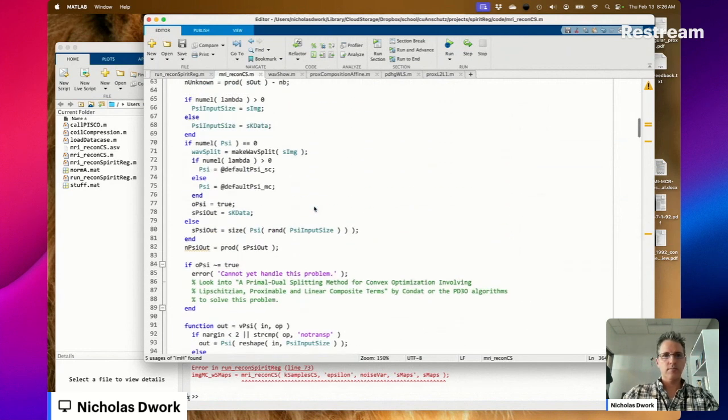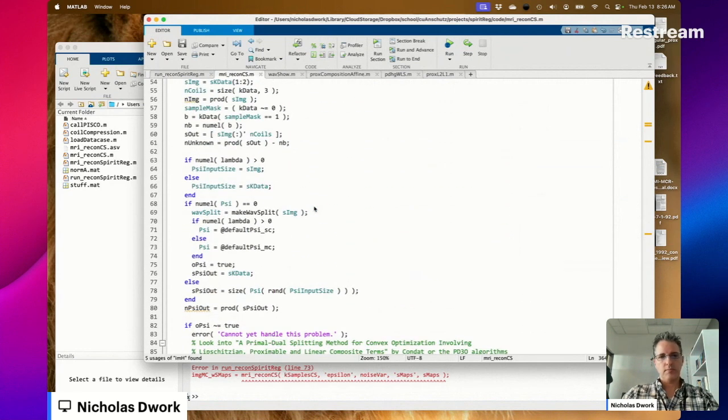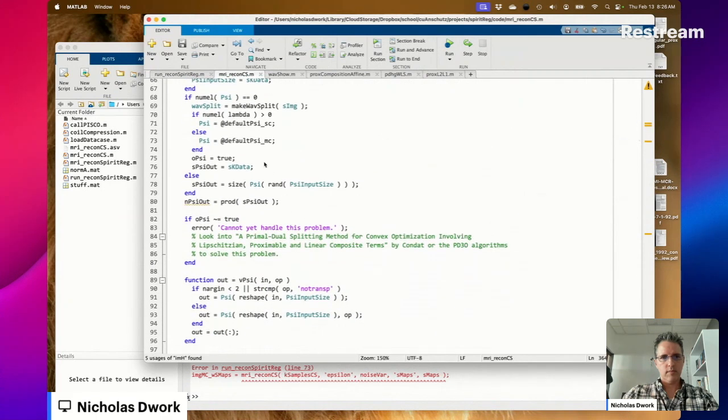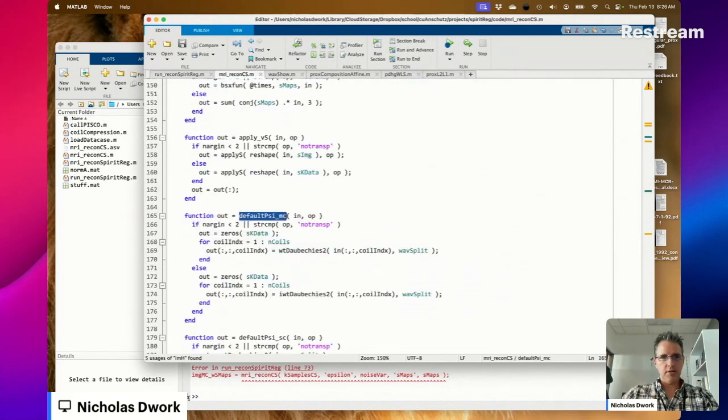Okay. What is default psi multicoil? It's going to call this psi multicoil. Psi goes there.